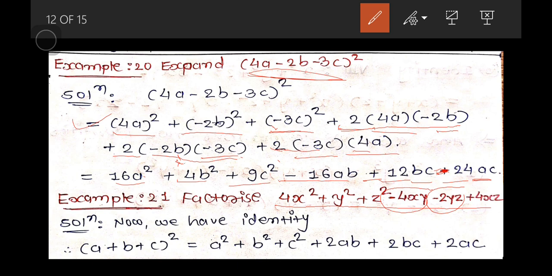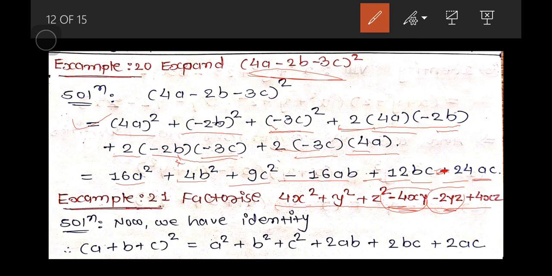Here you can see that in both the fourth term and the fifth term, y is similar. Y is similar, so we put a minus sign to that variable.